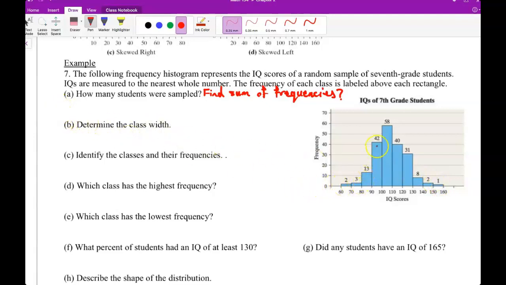We have 2, 3, 13, 42, 58, plus 40, 31, 8, 2, 1. In total, we should have 10 numbers because we have 10 classes here. That is equal to 200. So we have 200 students.